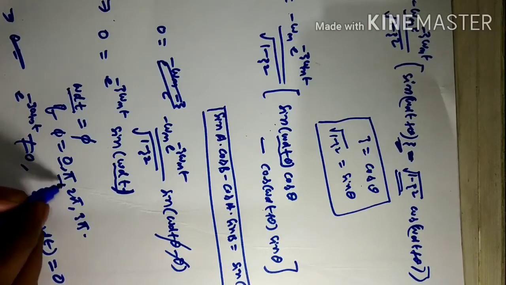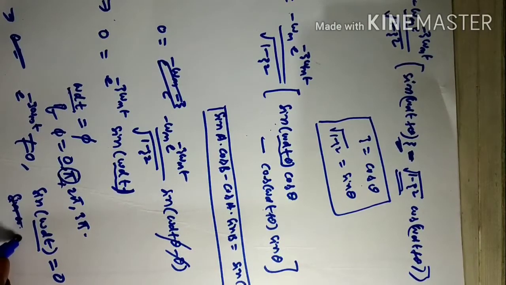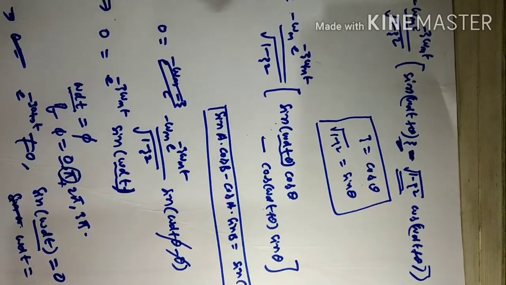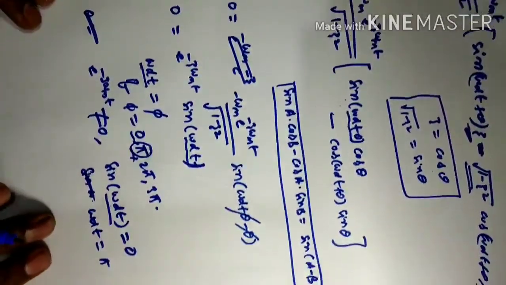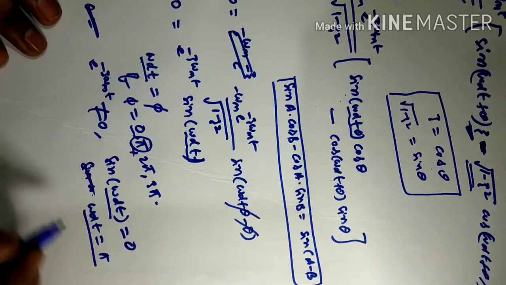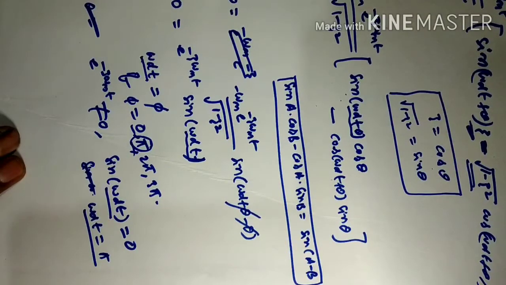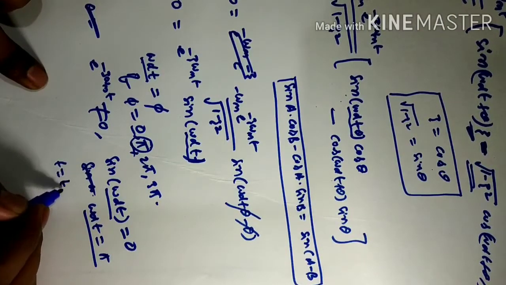Okay, so first I'm going to take only this term. So sin omega dt is 0 with omega dt equal to pi. Okay, so from this equation, what are you going to find? You have to find the expression for the peak time. Now here t is equal to Tp.